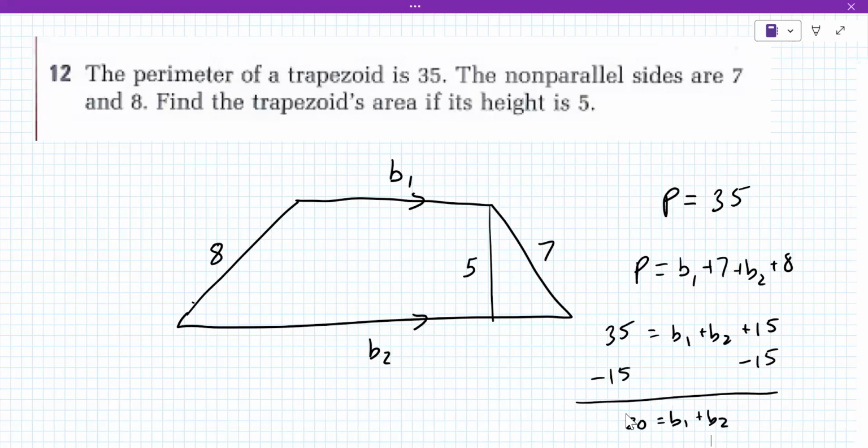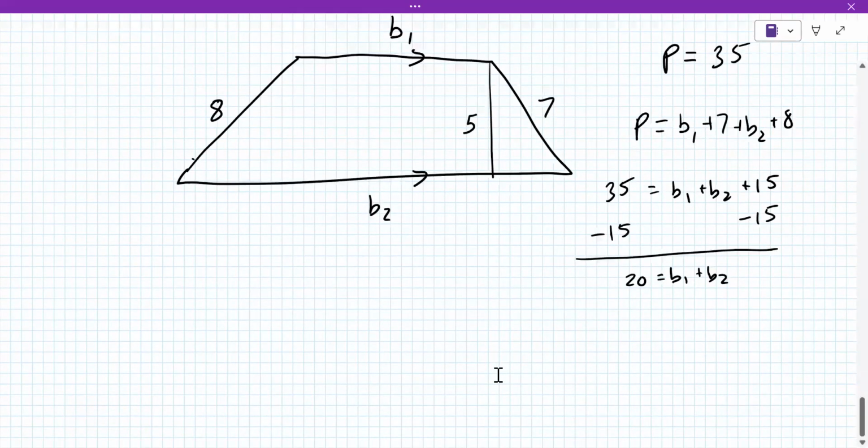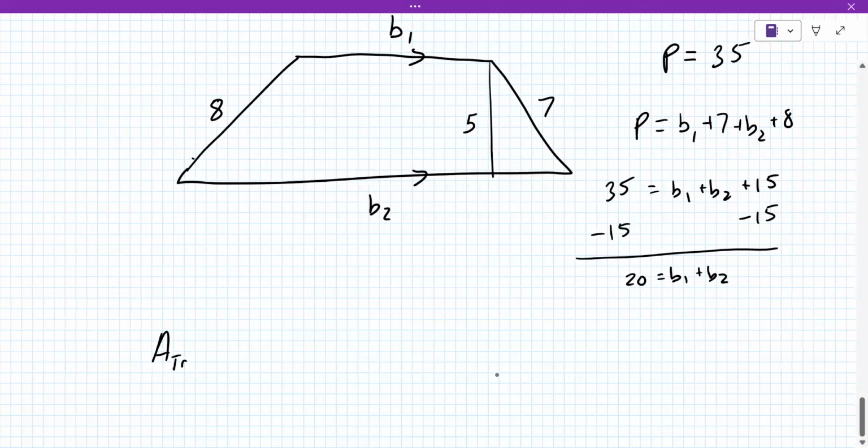Think about the formula for area of a trapezoid. Can you divide it by 2 then? Well, in the area of a trapezoid formula, you take the bases and you do divide it by 2, which means you actually don't need to know their individual values.